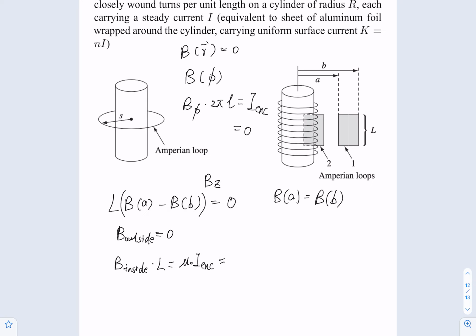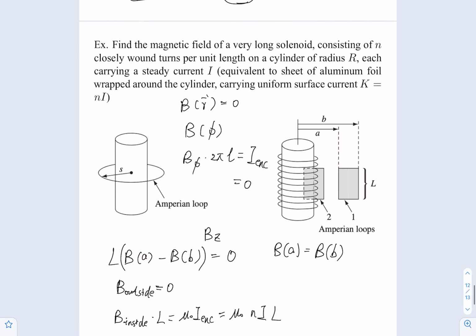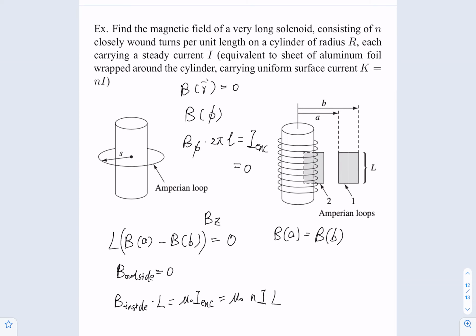The I enclosed must equal n times I times L. The n times I is the K, and L is the length. So K times L equals I enclosed.